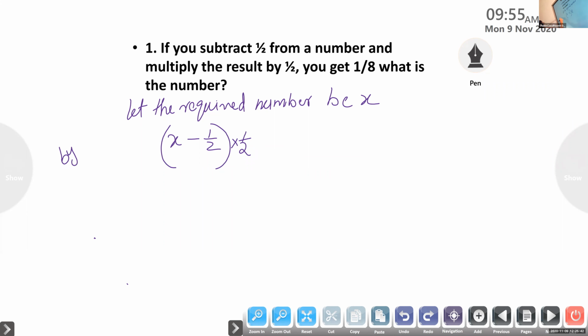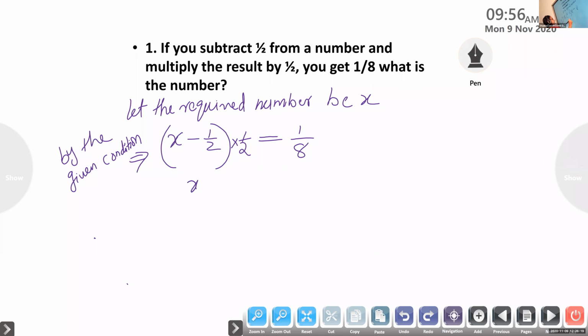By the given condition, x minus 1 by 2, we are subtracting 1 by 2 from a number and multiplying that result by 1 by 2 again, and we will get 1 by 8. So it is a linear equation in one variable. We can find its value.